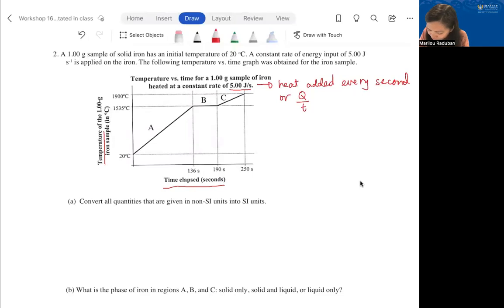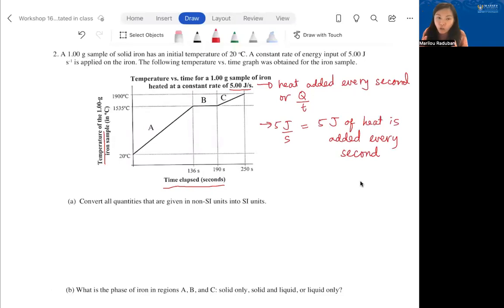So 5 joules per second means 5 joules of heat is added every second. Okay, so by looking at the x-axis of this graph, the x-axis gives you the time.